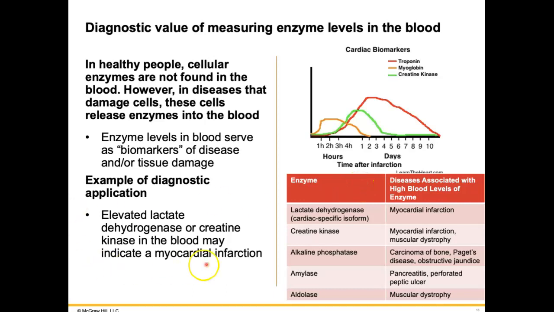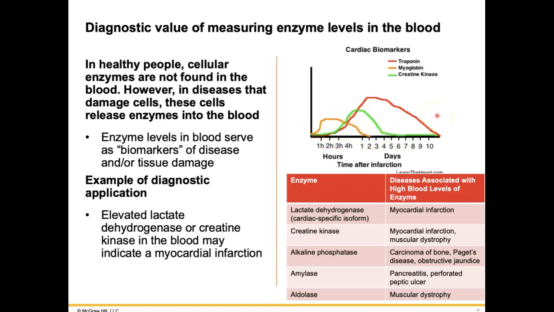So here's an example. If we have elevated lactate dehydrogenase or creatine kinase within the blood, it may indicate a myocardial infarction or a heart attack. And you could see that taking place over here. We're looking at higher troponin levels and creatine kinase and myoglobin as well.